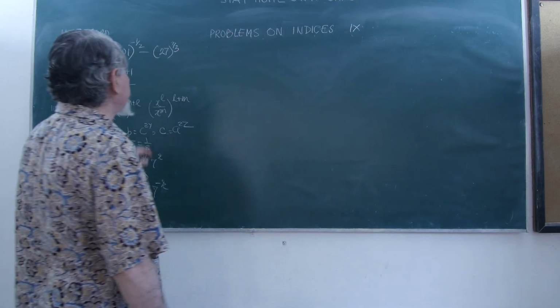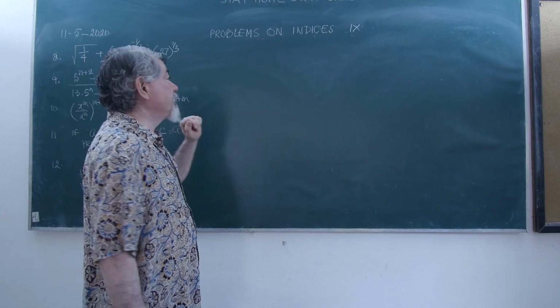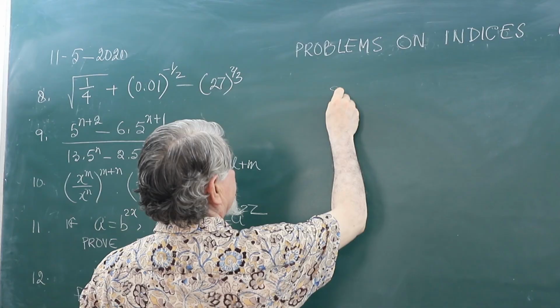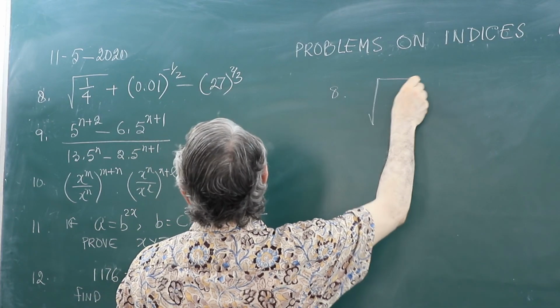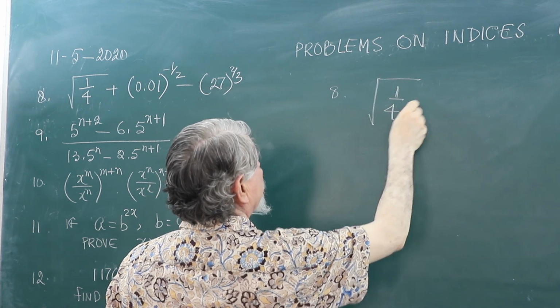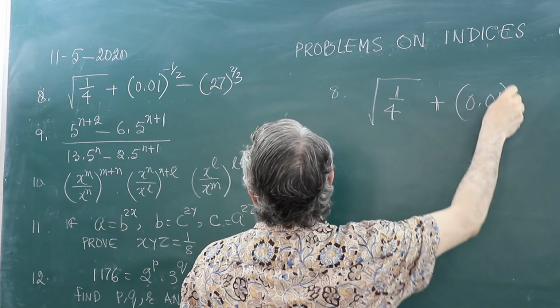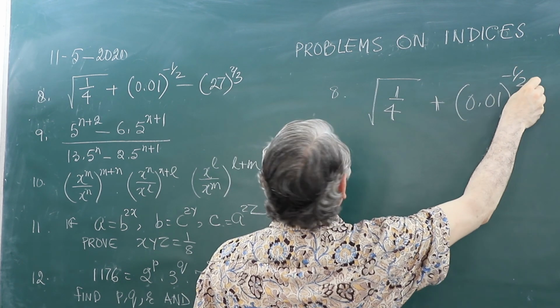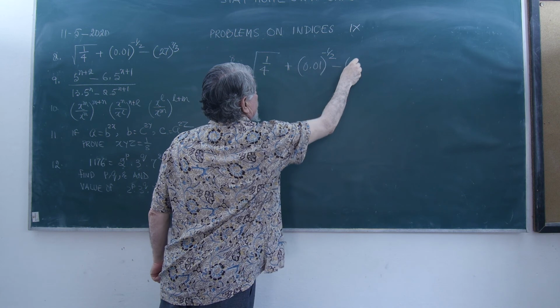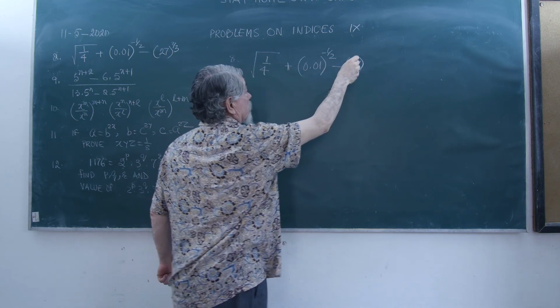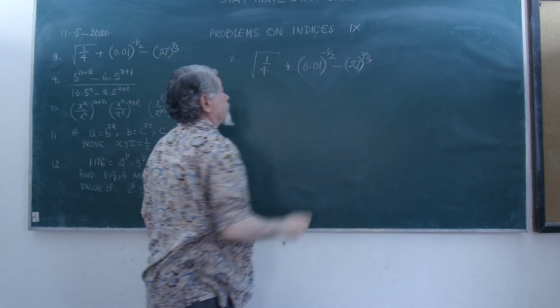Let's look at the next problem of indices, which says under root 1 upon 4 plus 0.01 to the power minus 1 upon 2 minus 27 to the power 2 upon 3.